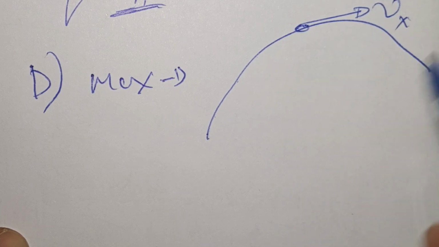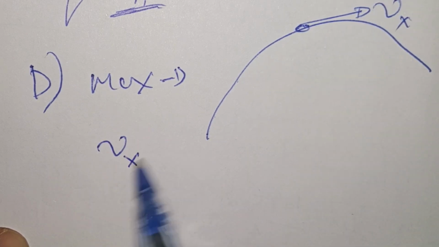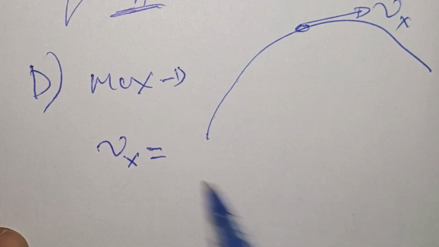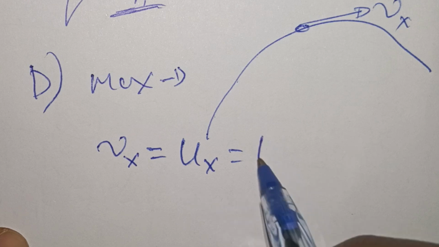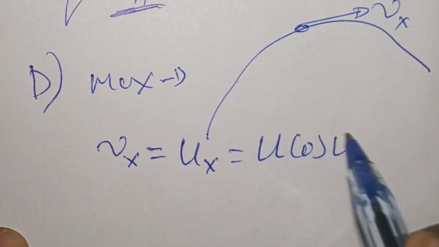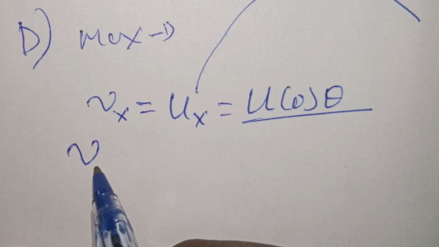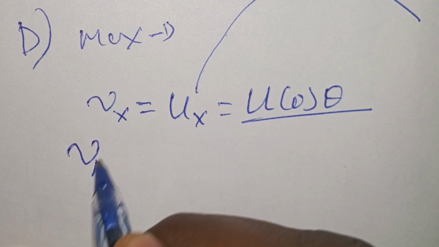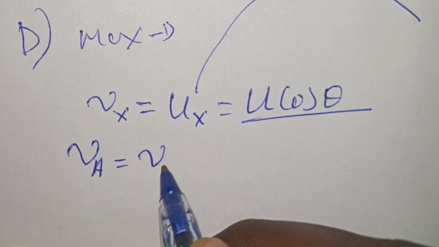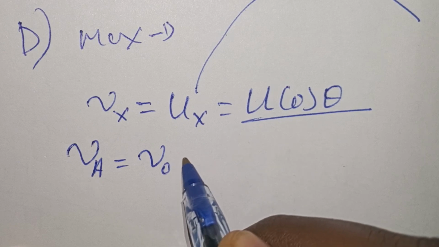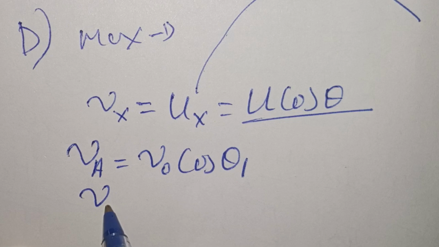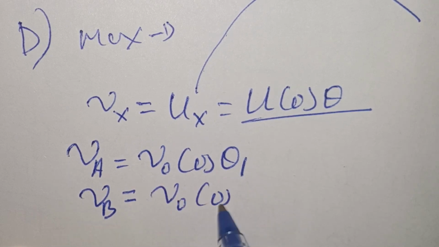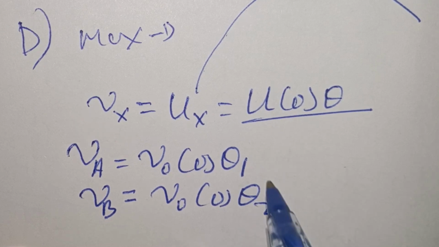So we have the Vx, which is equal to the initial velocity x, which is equal to the initial velocity times cos of theta. The speed at the maximum height for A is the initial velocity v naught times the cos of theta 1, and for ball B, the velocity at the maximum height is v naught times cos of theta 2.